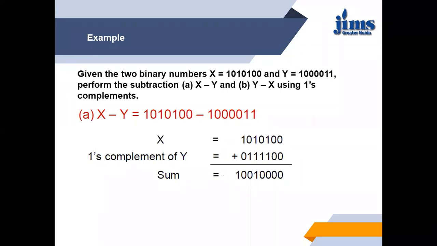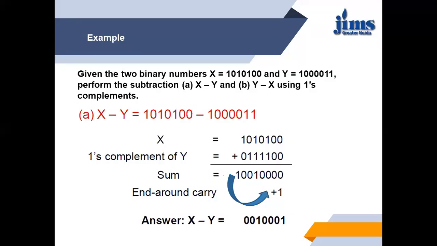So we have to remove this end carry and add it to the sum. So here the end-around carry is added to the sum, and the result is 1 1 0 0 1 0 0 0 1.